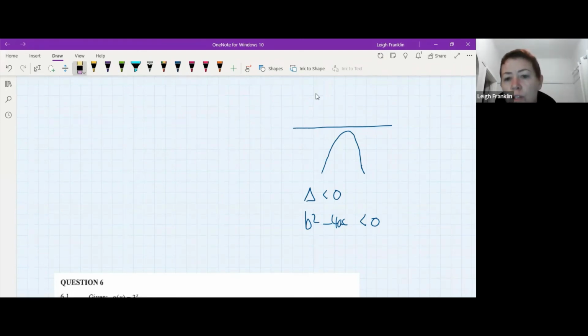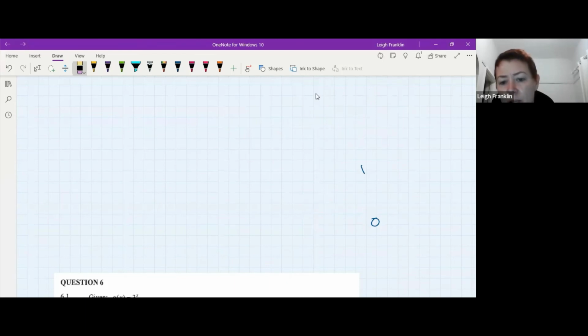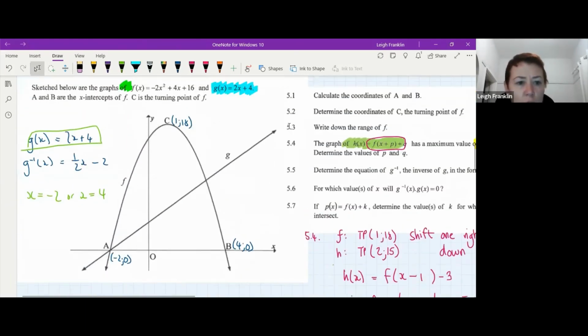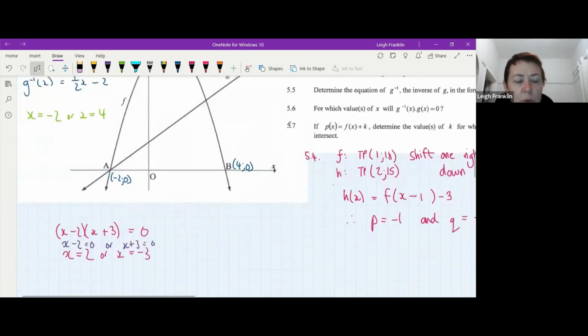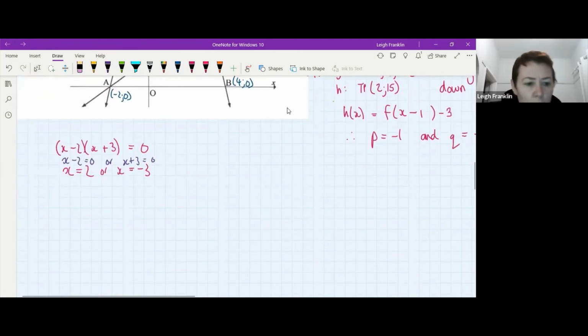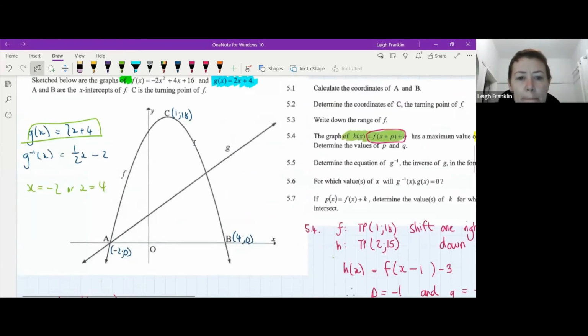What Cassandra said about adding k on to f of x is correct. So f of x is minus 2x squared plus 4x plus 8, if I remember correctly.